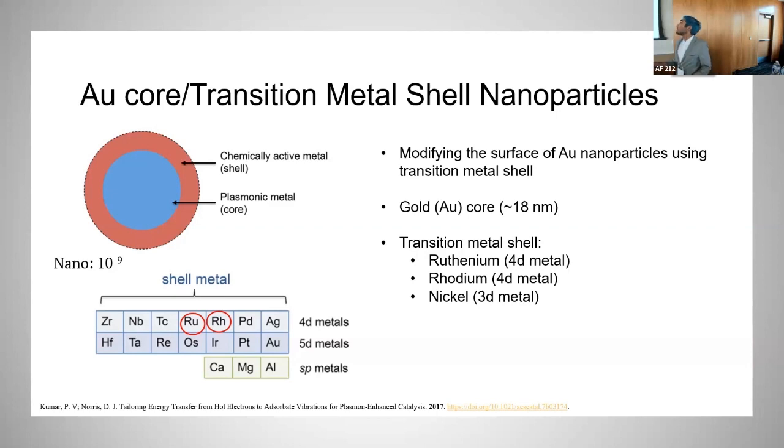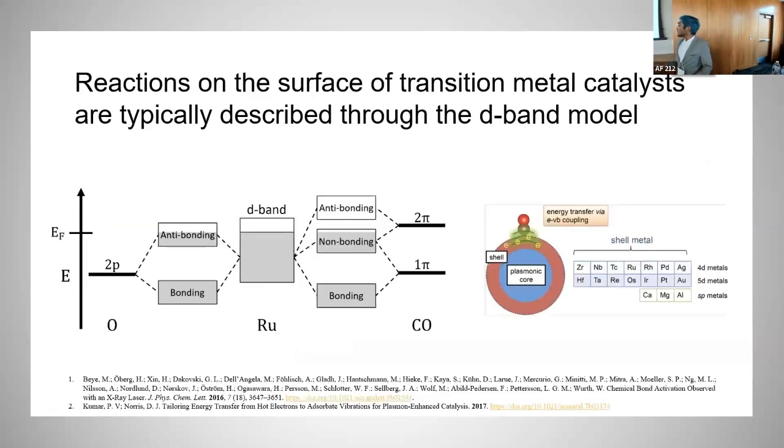So, of course, we're focusing on nanoparticles, which means we're focusing on a scale of 10 to the minus 9, which is pretty small. So when we're talking about transition metals and the interactions between reactants on the surface, we have to describe what is called the D-band model.